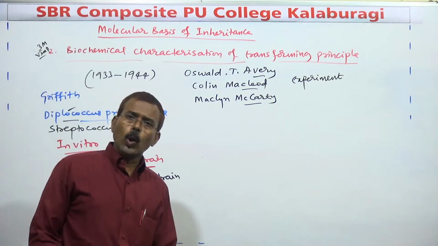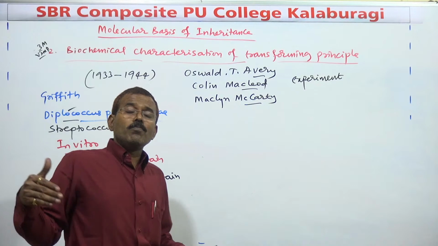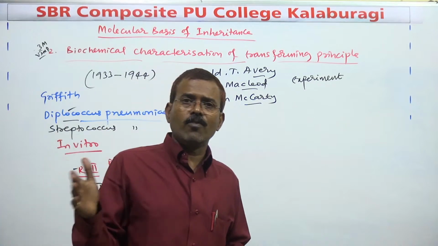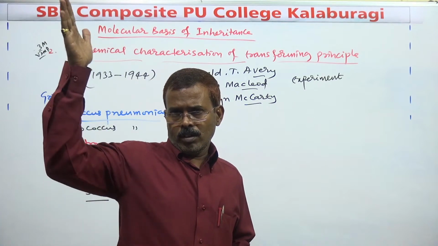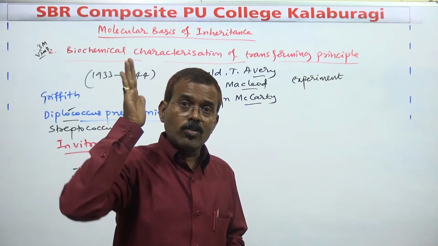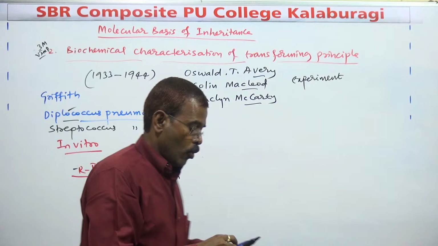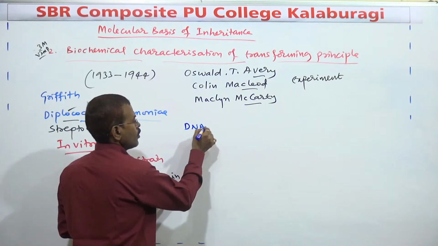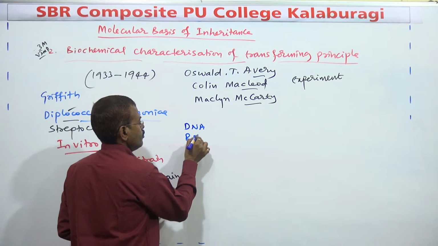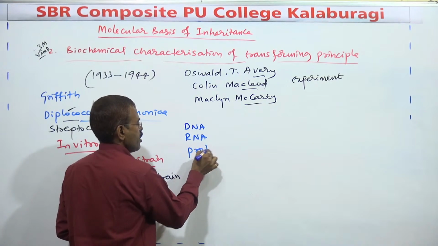They wanted to know what kind of material is being transferred from the smooth strain into the R strain, whether it is DNA, or RNA, or protein.